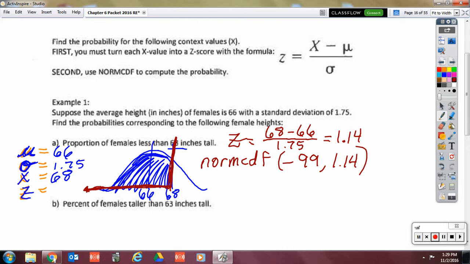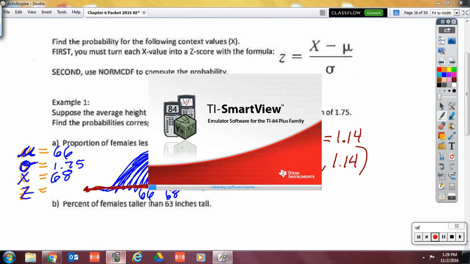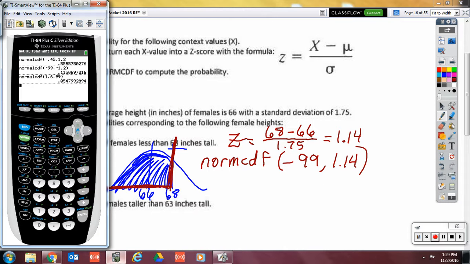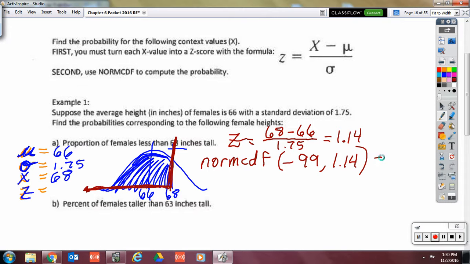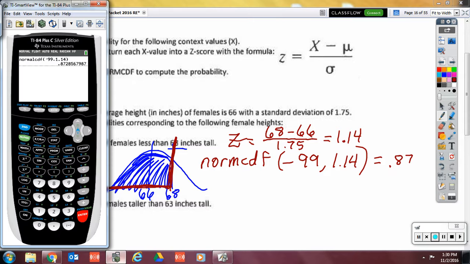It has to be that z-score. So now you go to your calculator, and we are going to go then to second vars, norm CDF, number 2, from negative 99 to 1.14. And so 0.8729.